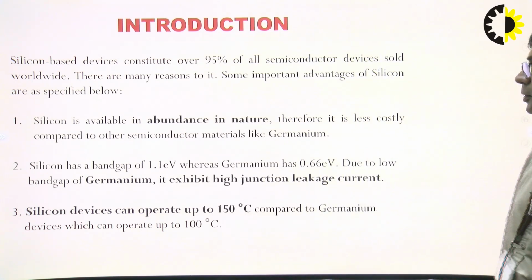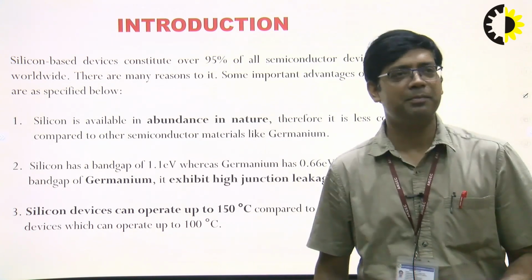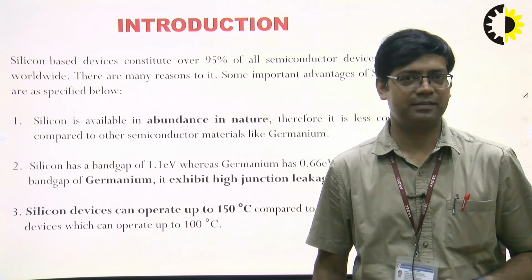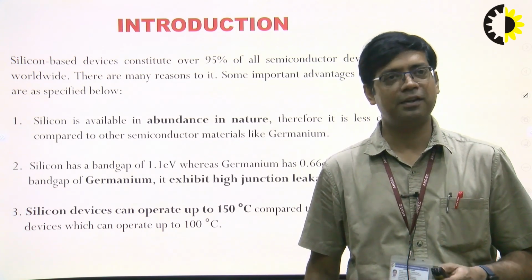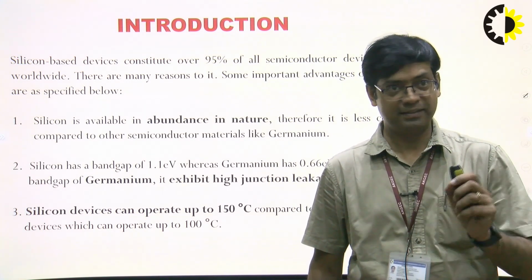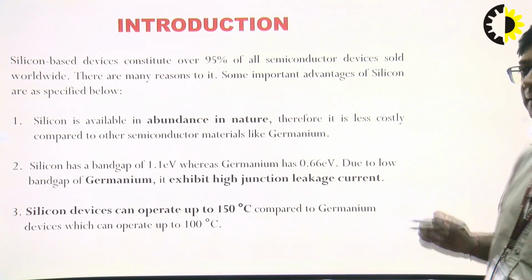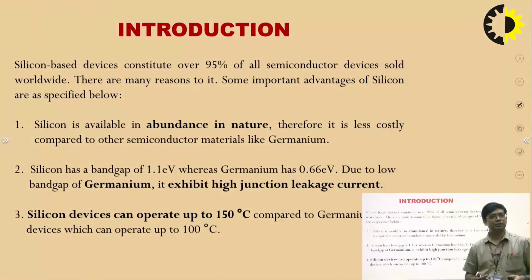As we know, silicon based devices constitute over 95% of all semiconductor devices. So, we can understand how important this semiconductor material is. Now, there are many reasons why silicon is so abundantly used in the semiconductor industry.